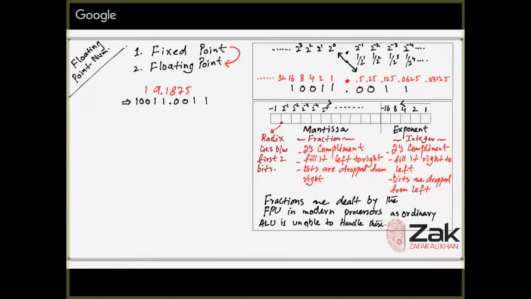Now we have to move this point, and we have to record how many places we move this point. Before we go any further, we need to understand this formation.